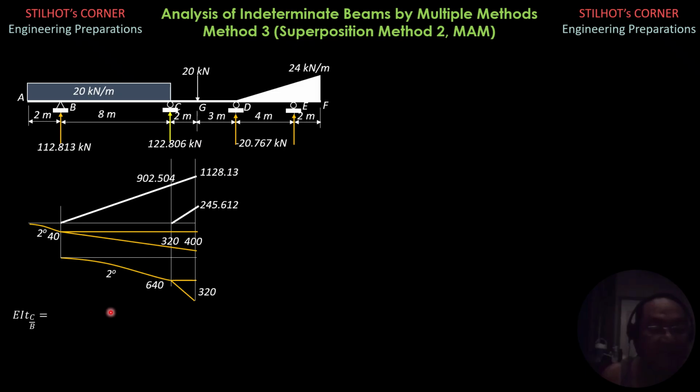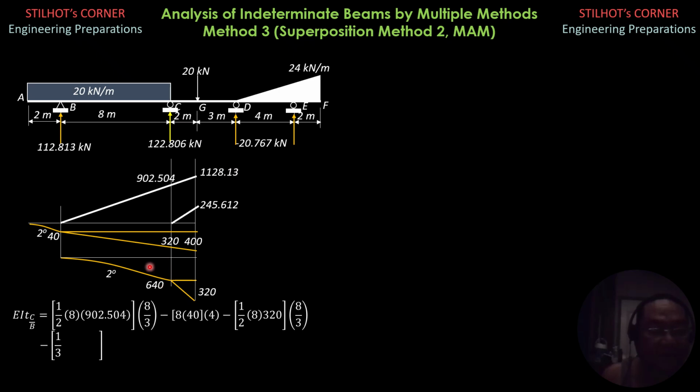So EI division of C relative to B is 1 half of 8 times 902.504 times 8 thirds minus moment of this area up to 8 only, 8 times 40 times 4 minus moment of this area 1 half of 8 times 320 times 8 thirds, then minus moment of this second degree curve 1/3 of 8 times 640 times 2 moment arm.